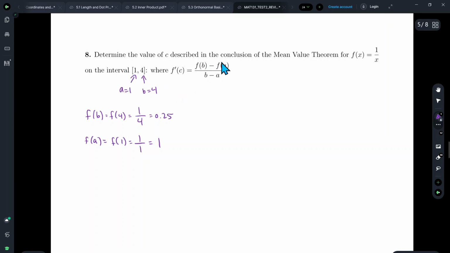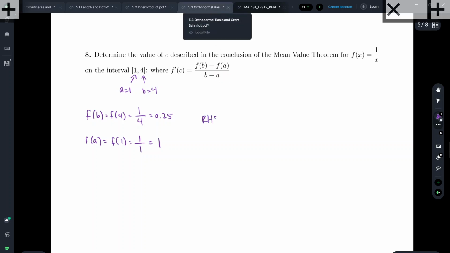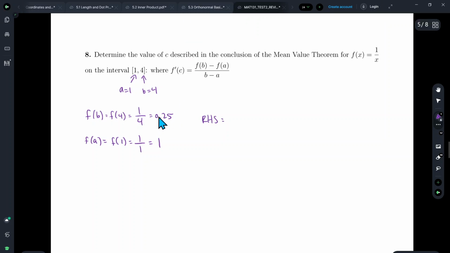Right, so now I can calculate the right-hand side. Right, so just plugging in the numbers. So f of b is 0.25, and minus f of a, which is 1, divided by b minus a. So b is 4 and a is 1.